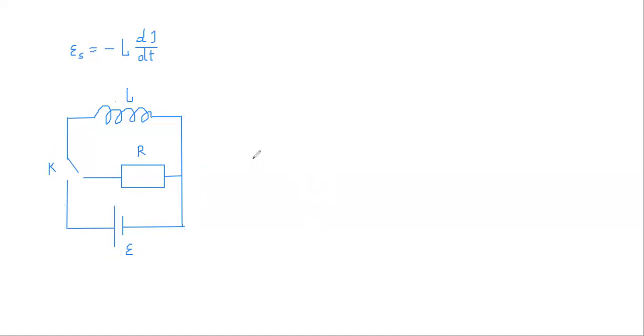But what will we have after changing the direction of our switcher, after activating this part of the circuit? What will we have in this case? In this case, the internal electromotive force will be turned off, and the electric current will begin to decrease.